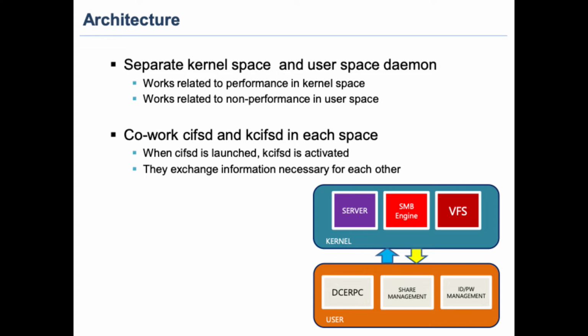This is to maximize performance and minimize kernel memory usage. We call the kernel daemon cifsd and the user space daemon cifsd-tools. The kernel daemon will be activated when the user daemon is launched, and they work by exchanging information between the two daemons at runtime.